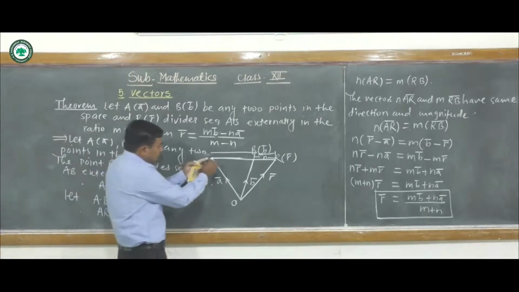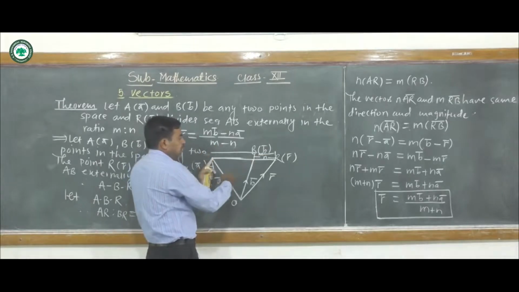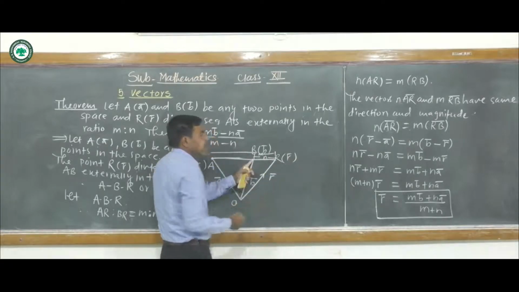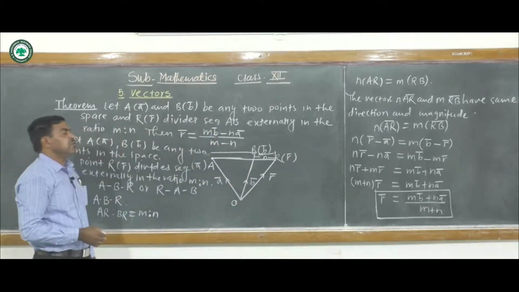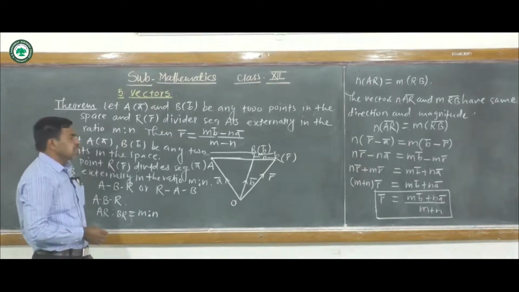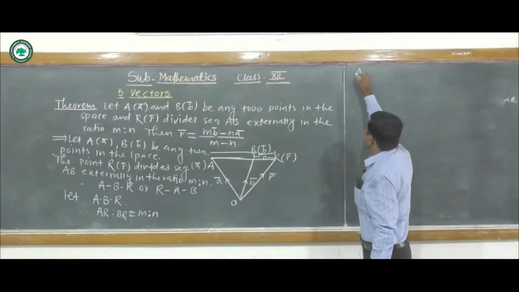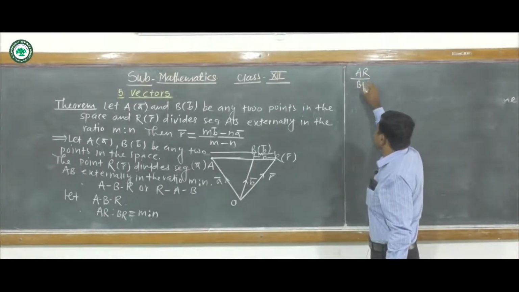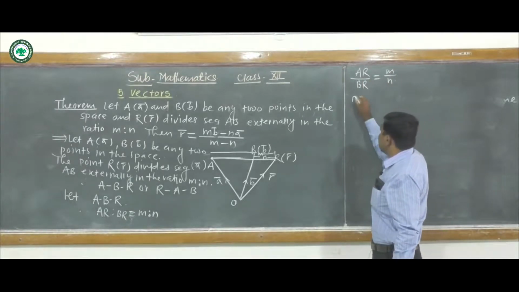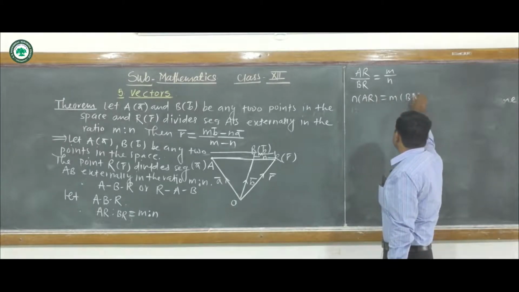AR direction is from north to south. BR, the direction is from north to south. So AR and BR both have same direction. So therefore, AR divided by BR is equal to m divided by n. So it is n into AR is equal to m into BR.